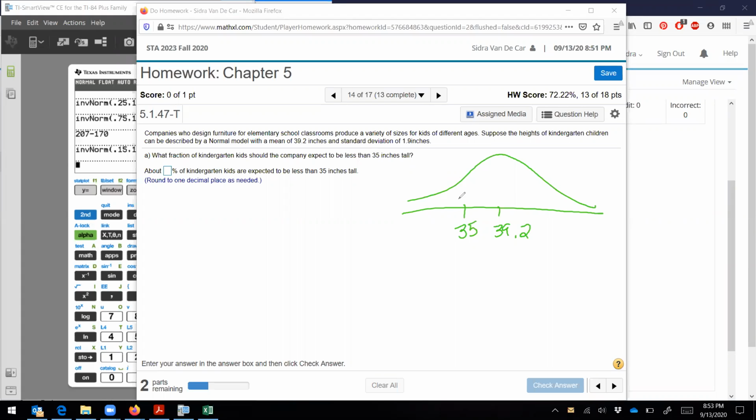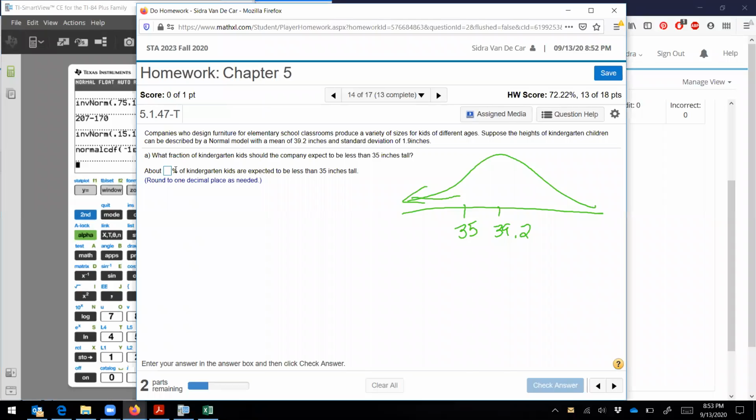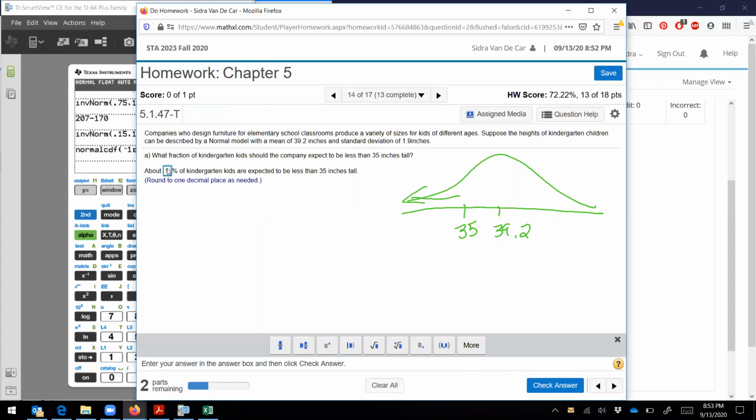Less than 35 inches is going this way. So I want to do normal CDF, negative infinity, up to 35, with a mean of 39.2 and a standard deviation of 1.9. That's about 1.35. So about 1.4.